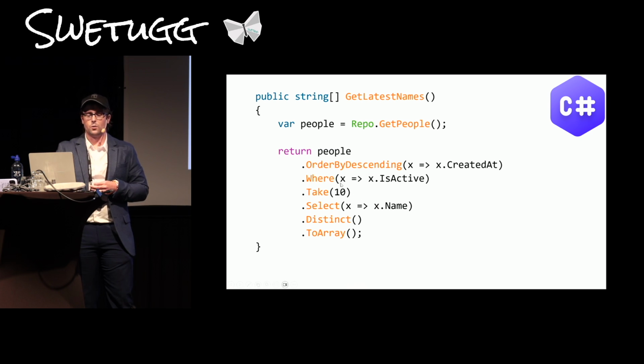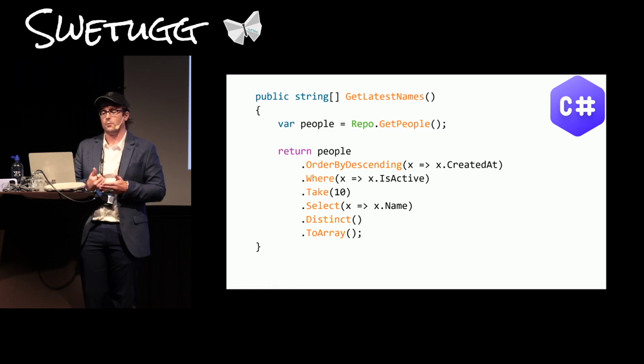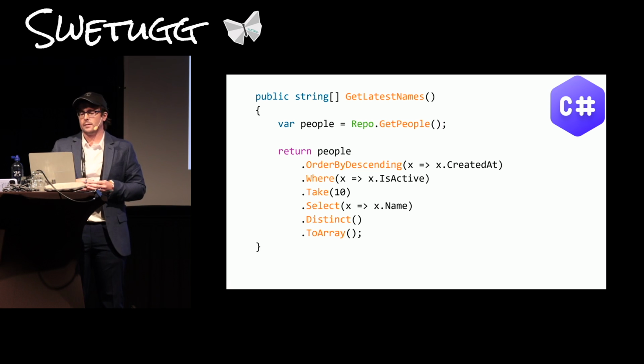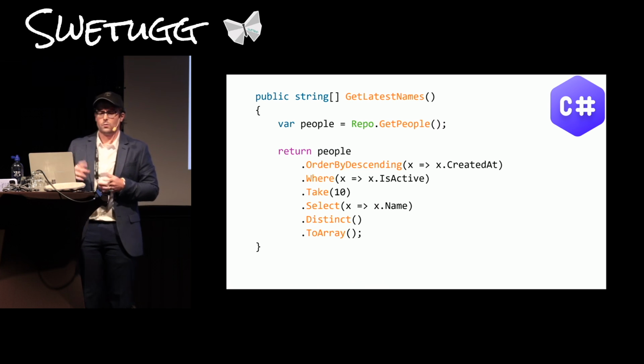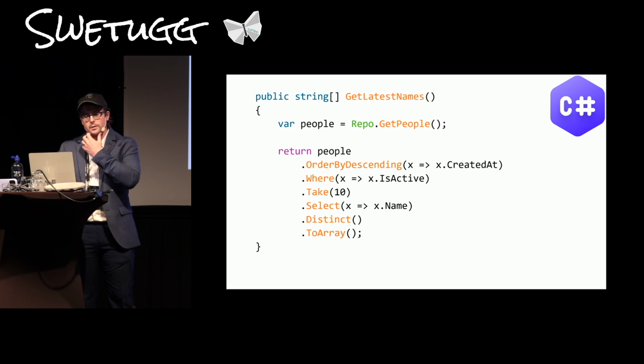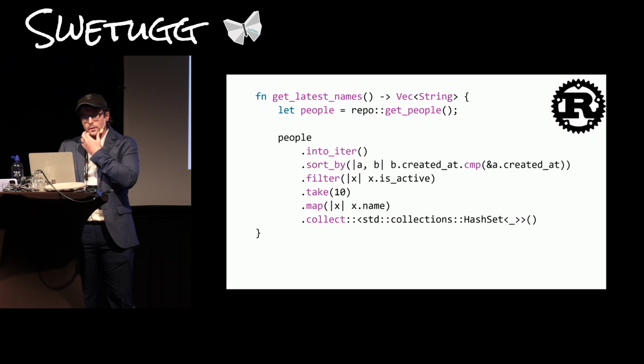We want to only take the top 10, and then we want to use the name of the person, and we don't want any duplicate names, and then we materialize it by calling ToList or ToArray. And you can really read it line for line. Okay, what am I getting? What was the order? Oh yeah, order by. Okay, and what am I filtering on? Oh, it's there. It's very, very readable.